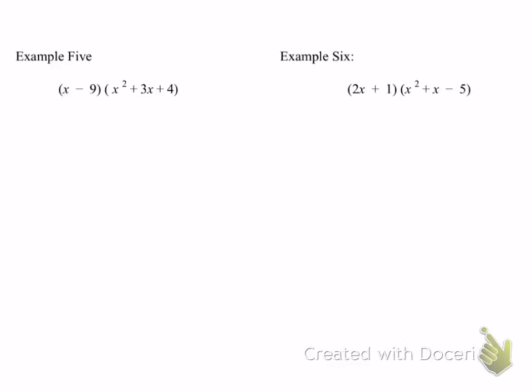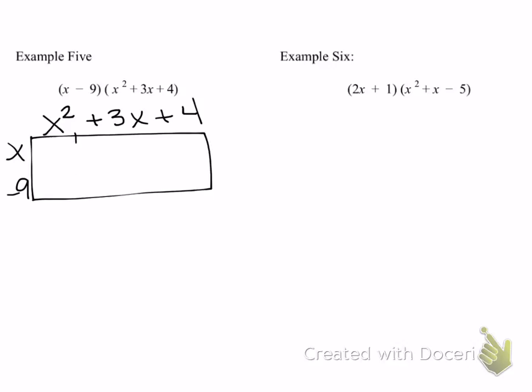I'm going to put the bigger one on top, so I've got x squared plus 3x plus 4. And then I've got x and then minus 9. So I'm going to make my box. So the first thing we're doing is our x squared times x, which is x to the third power.